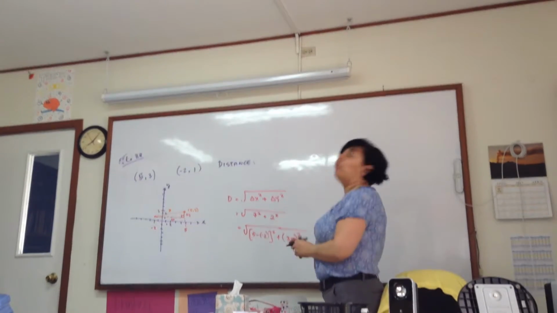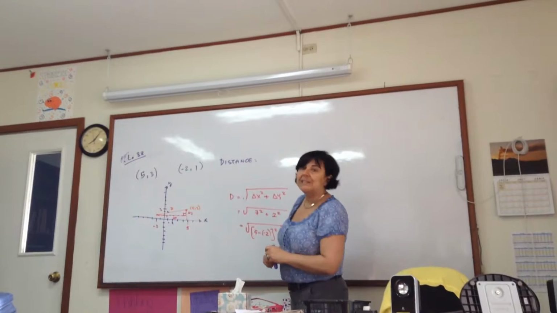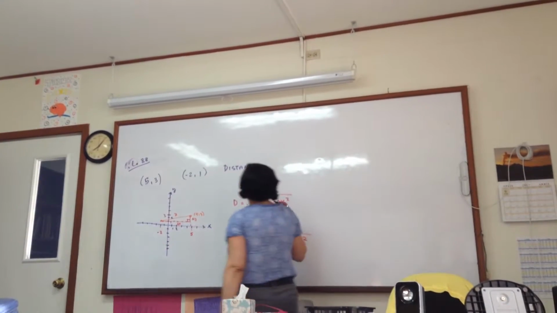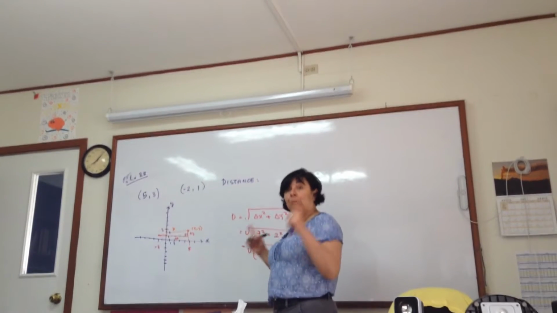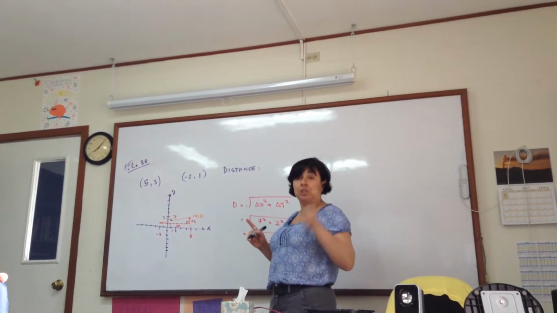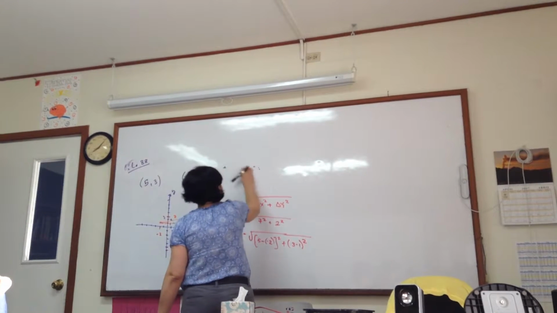And the formula for distance is... The formula does have delta x and delta y. You're absolutely right. But now we're finding distance and not just slope.